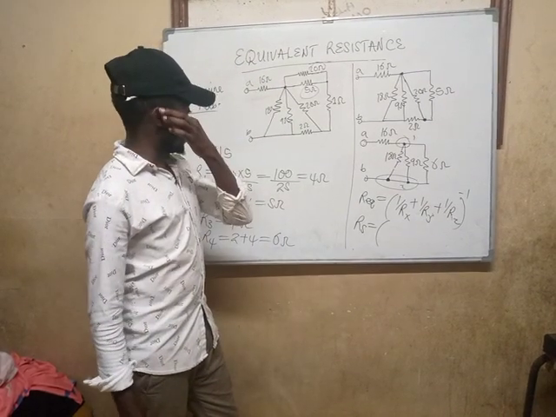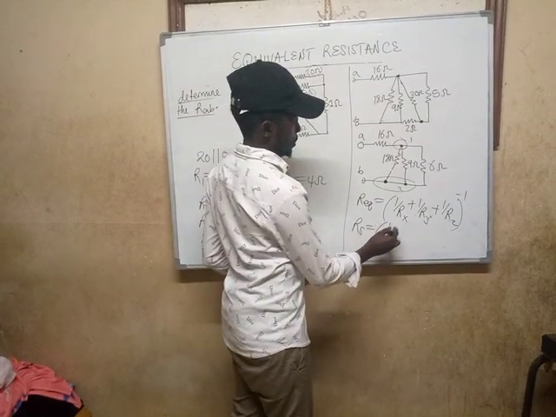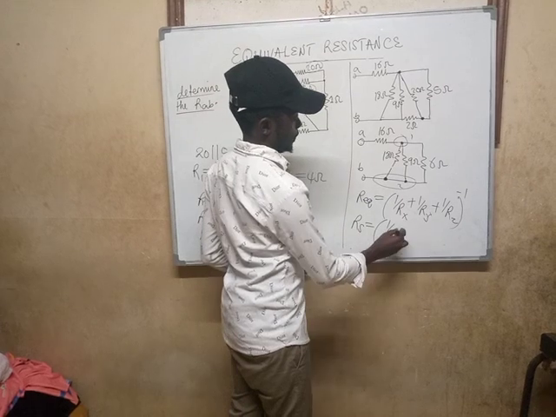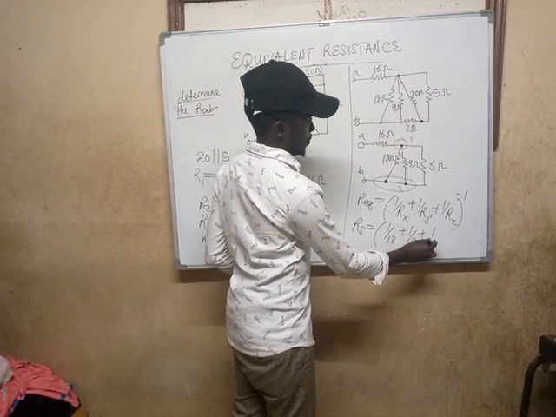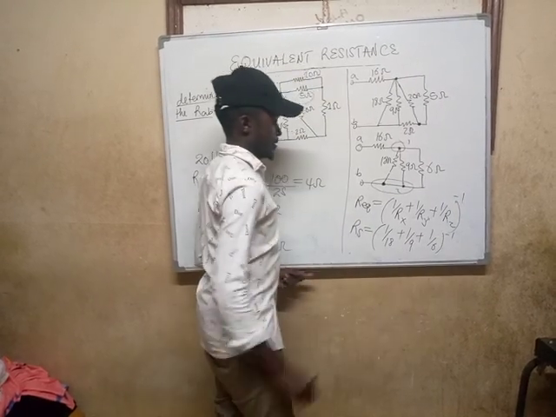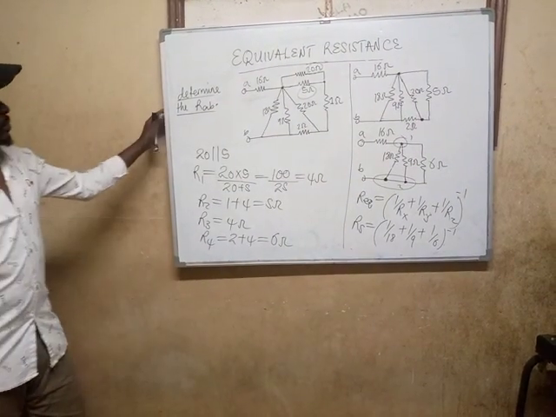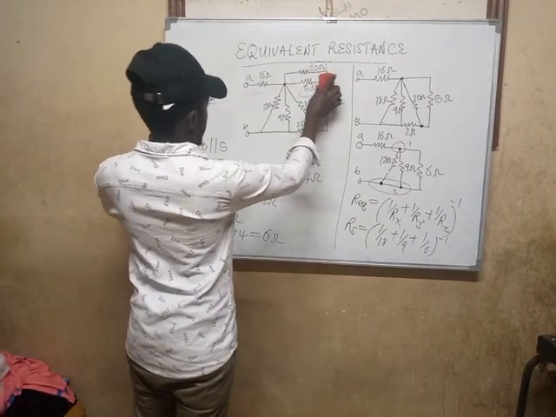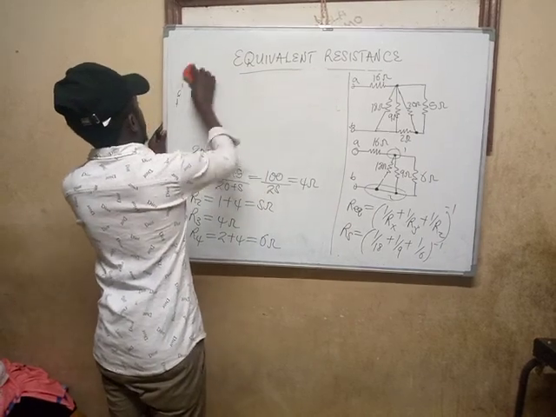So R5 will be equal to the inverse of 1 over 18, I have the 18 ohm resistor, plus 1 over 9 plus 1 over 6.